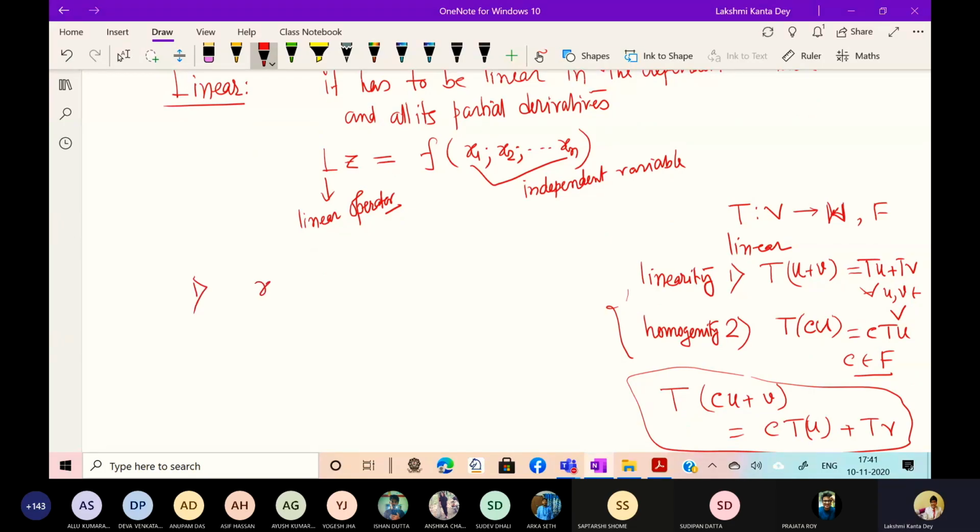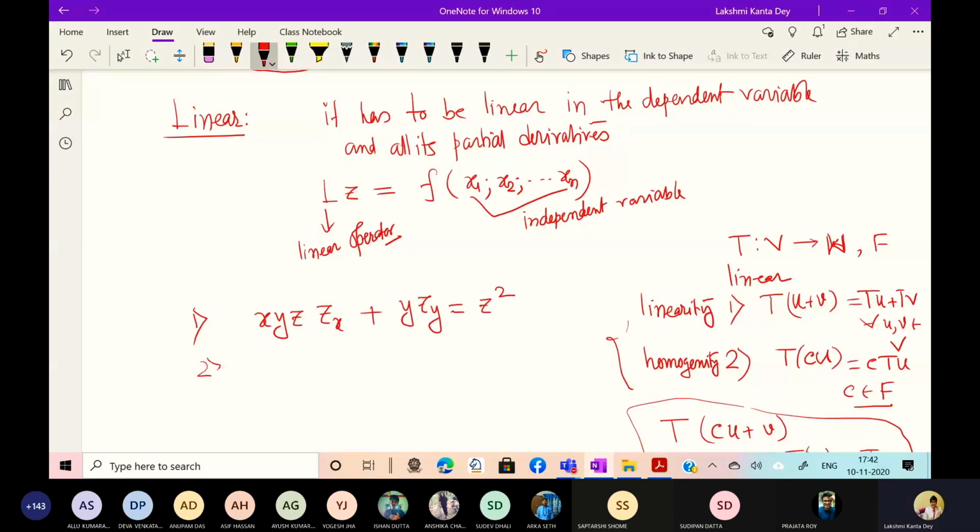Suppose x y z z_x plus y z_y is equal to z squared. So this is a partial differential equation. Can you say it is linear? Another is x z_x plus y z_y is equal to z x y.